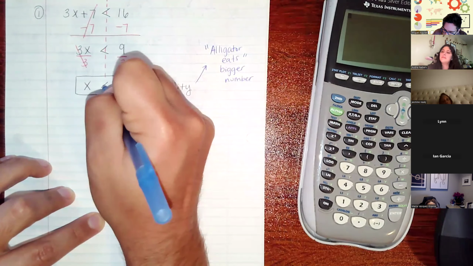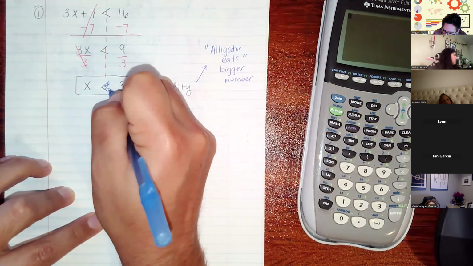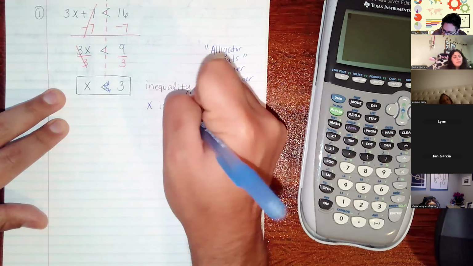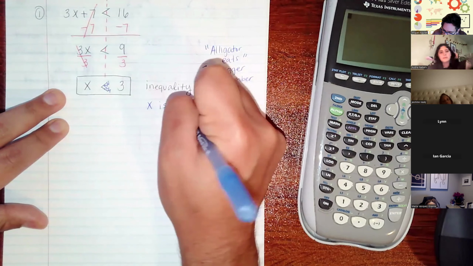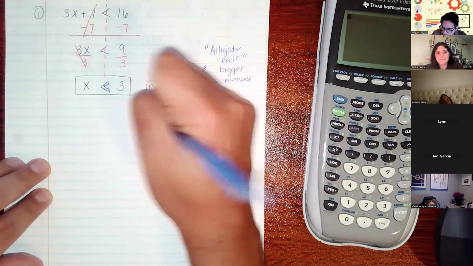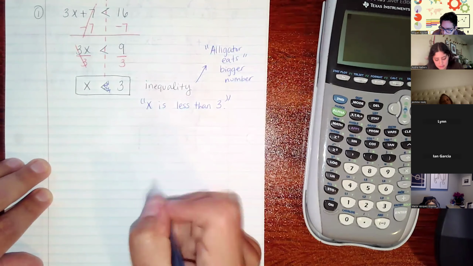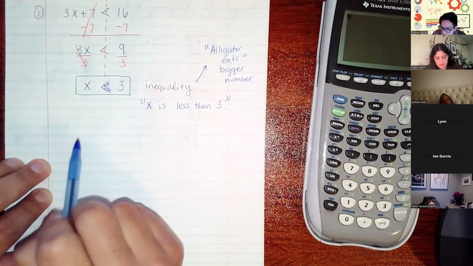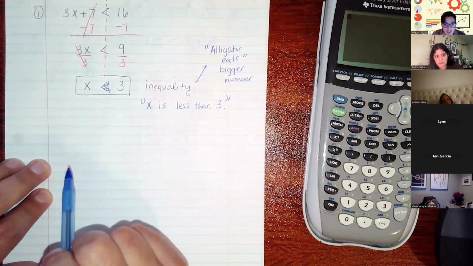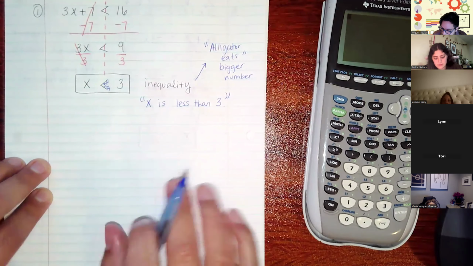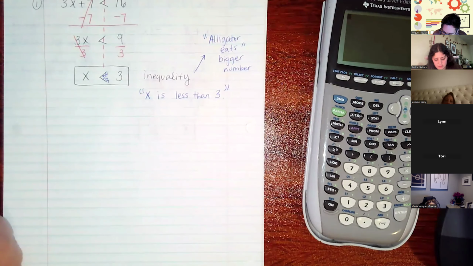So if you think about this as an alligator mouth, the way you would read this to yourself is x is less than 3, right? That's how I would say that. Because the alligator is pointing its mouth towards the 3, so the 3 is bigger. So x is less than. Does that make sense? Okay. Yes. Might seem childish, but it will help you in a pinch. I swear to you. All right.